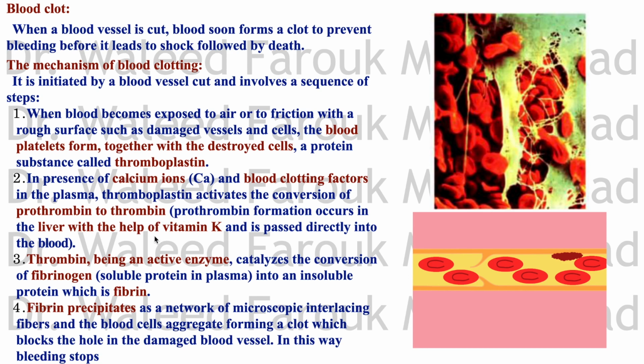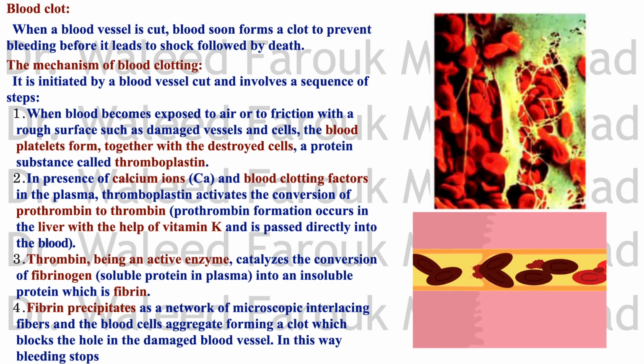Prothrombin, remember, is formed in the liver with the use of vitamin K. Then thrombin, being an active enzyme, will convert fibrinogen, which is a soluble protein in the plasma, into the insoluble fibrin, and fibrin is the one you see here. This is a network of fibrin where platelets and other blood cells adhere to and plug the site of injury.